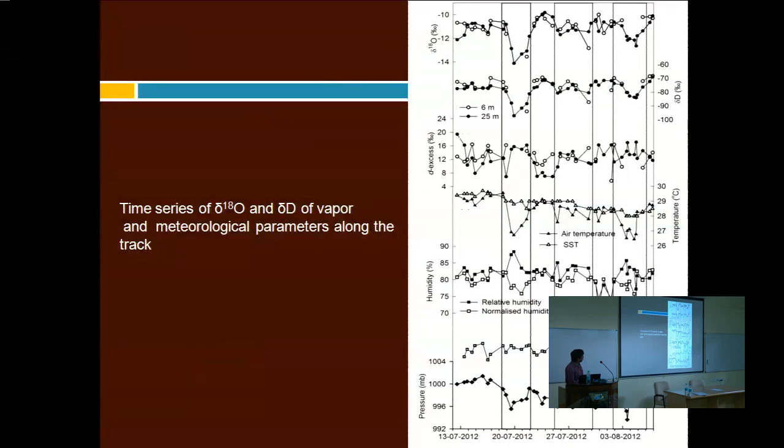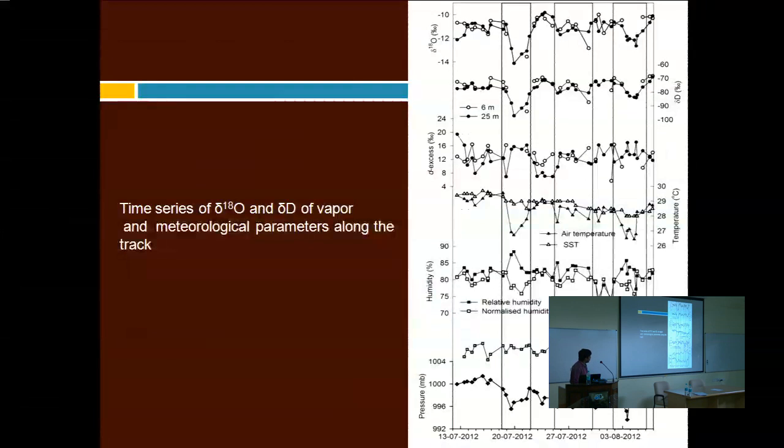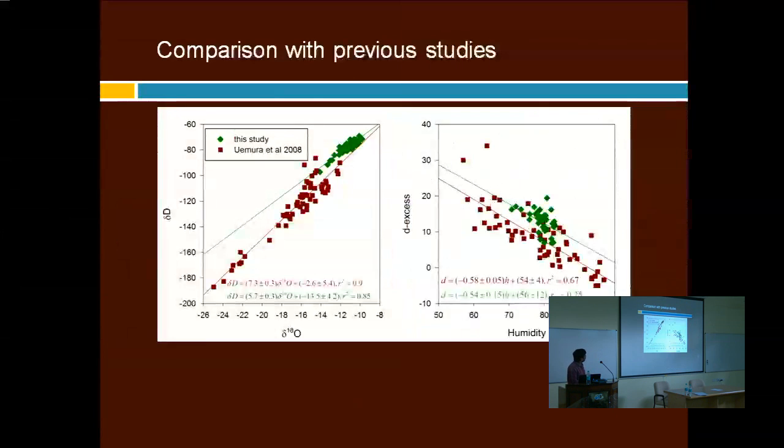You can see there are three dips also observed in the isotopic composition during the rainfall. You can see the pressure drop during all these events.